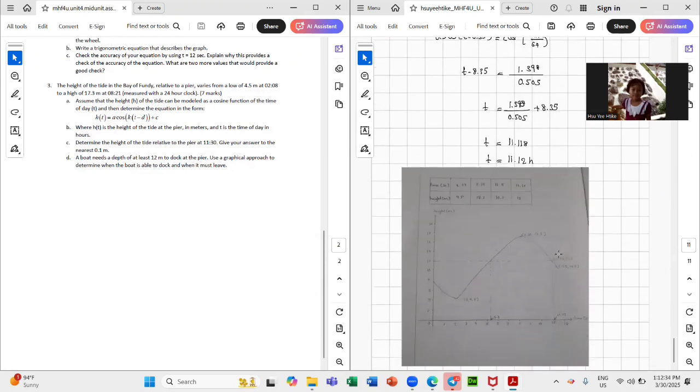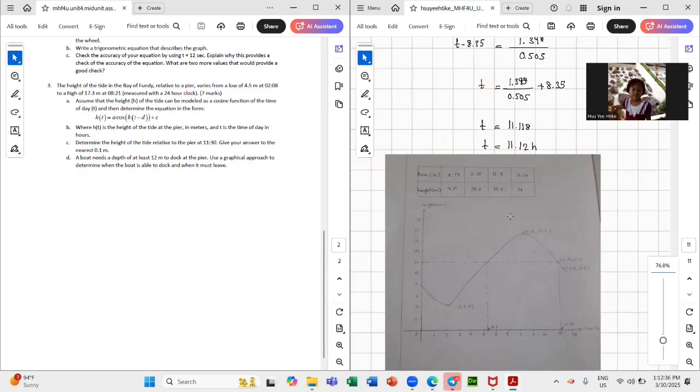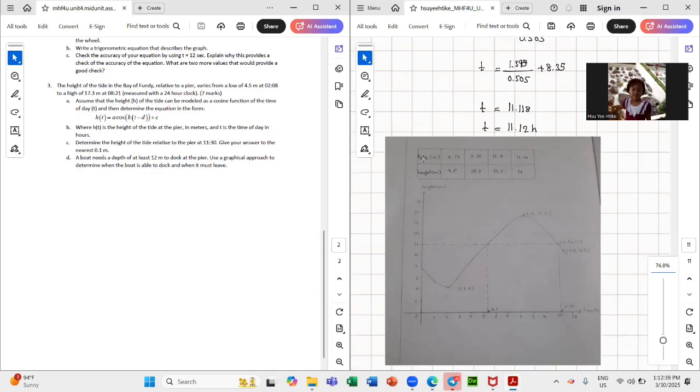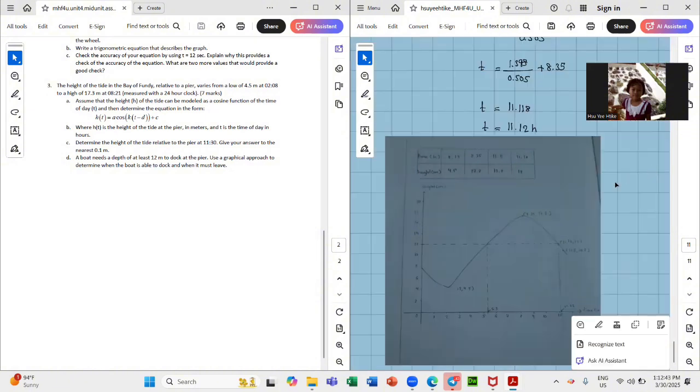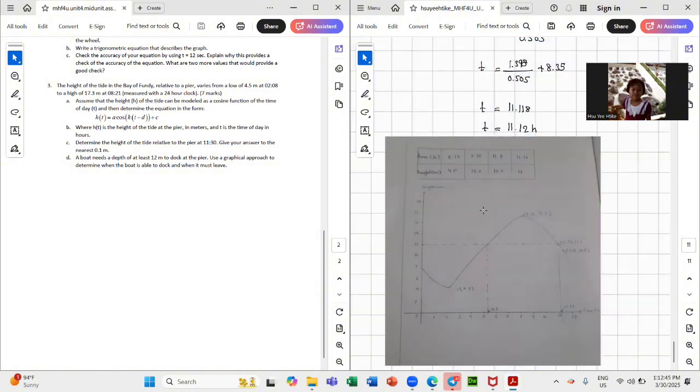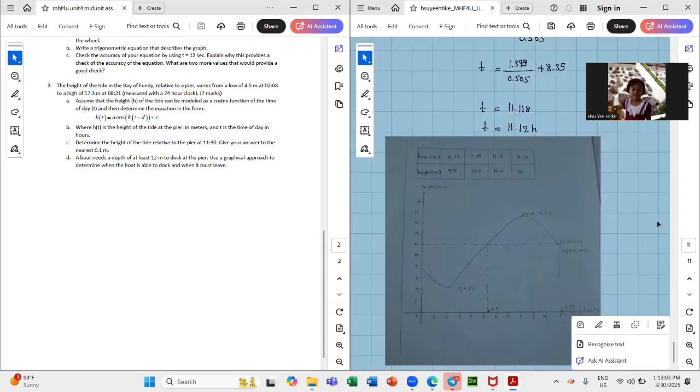And by looking at the graph, we have points here, and we have the graph being drawn. So by looking at the graph, we can know that when h of t is equal to 12, the times are 5.3 hours and another time is 11.12 hours.